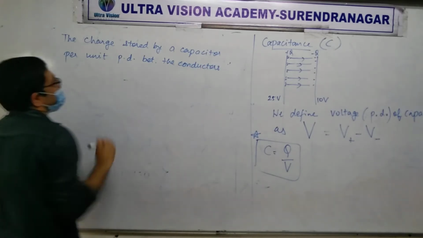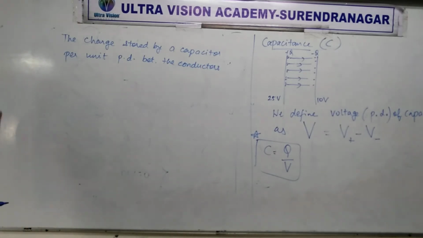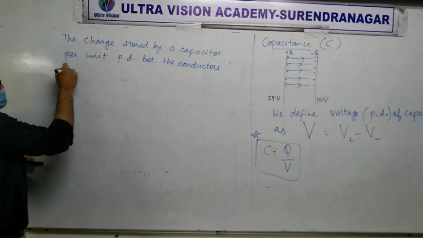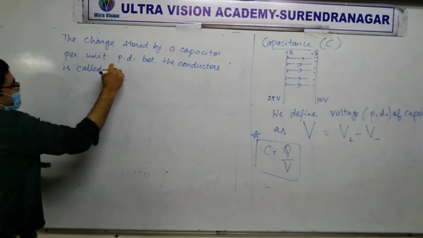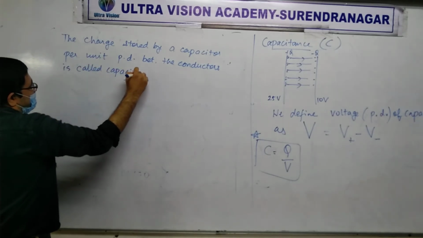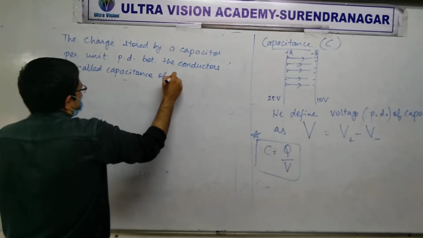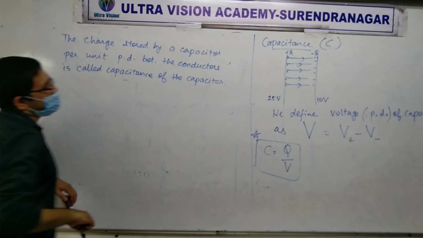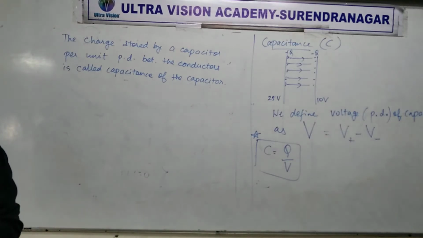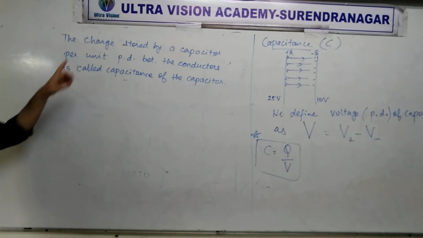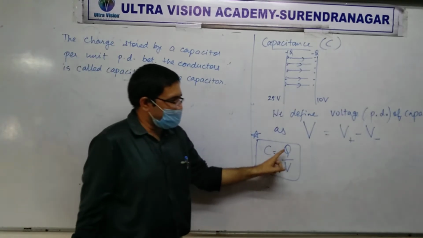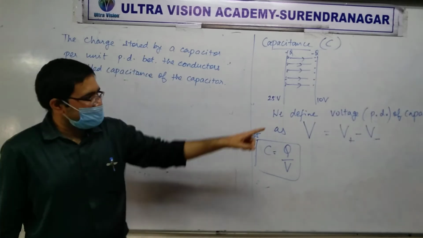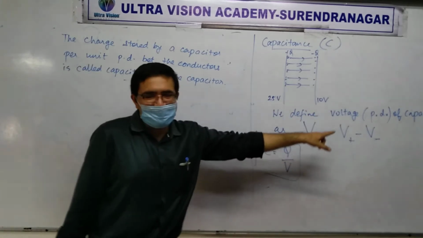Charge stored is Q, for unit potential difference, V, the voltage or potential difference.